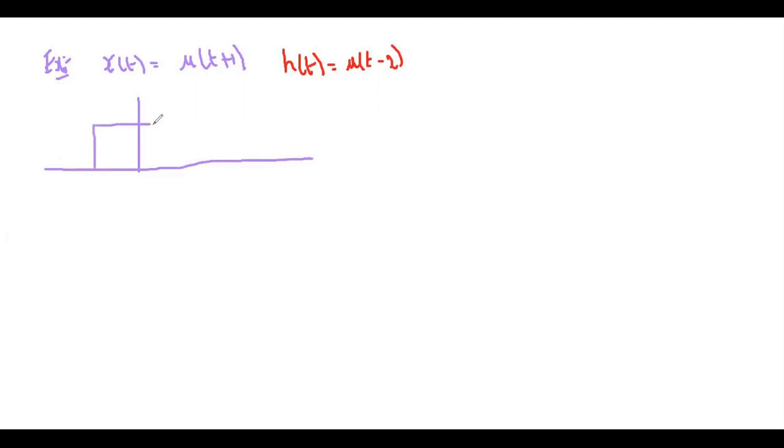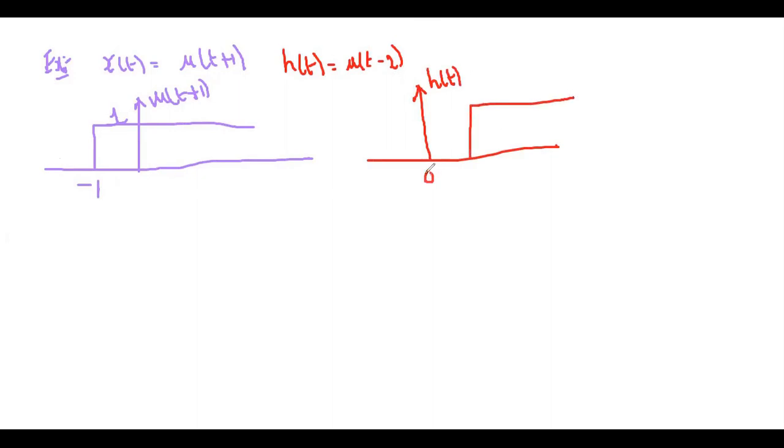T plus 1 means it starts from minus 1, and its amplitude is 1. And you can draw the graph of h of t, mu of t minus 2. This means it moves towards the right side by two samples, and the magnitude is 1.